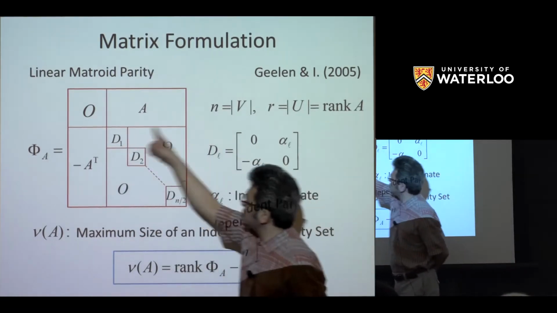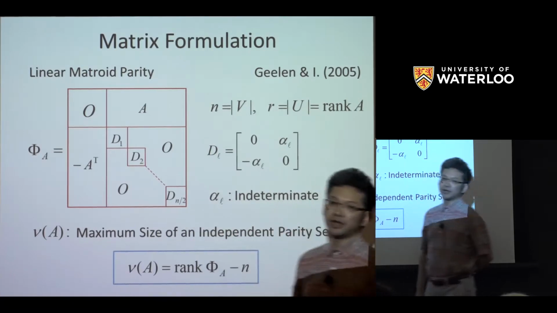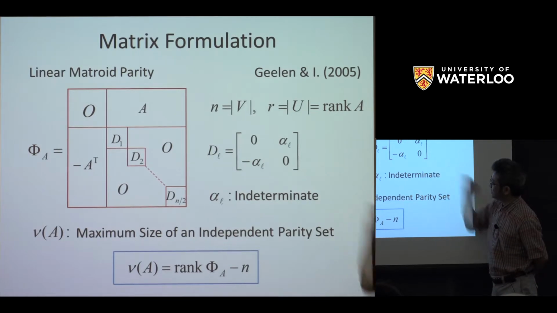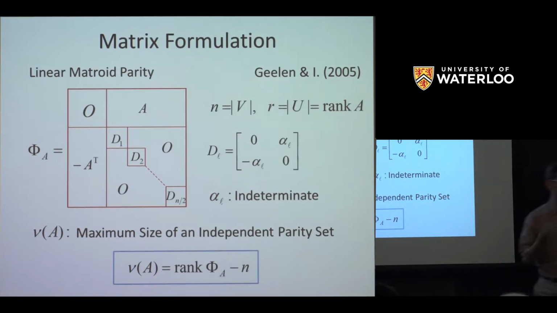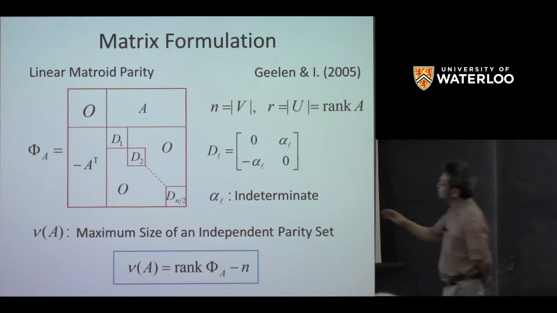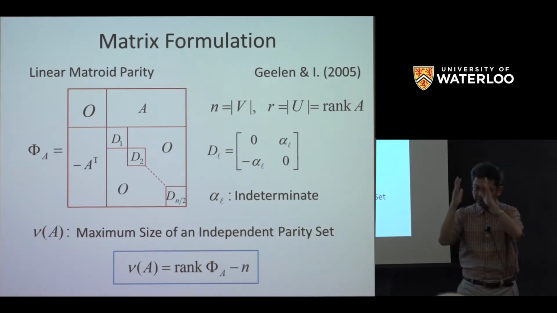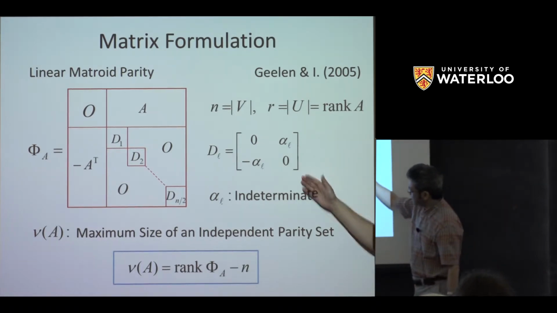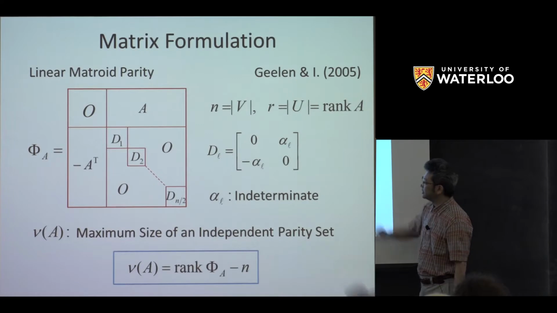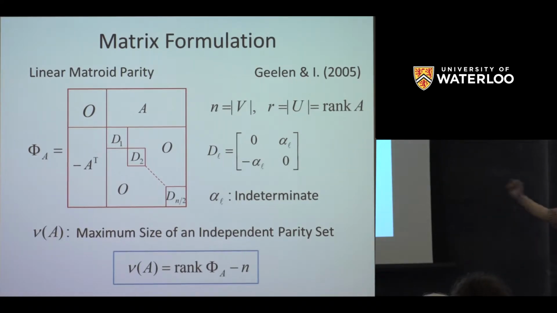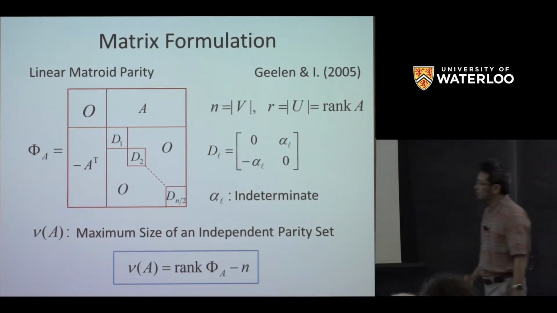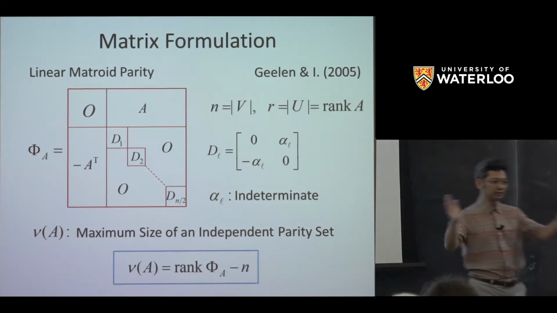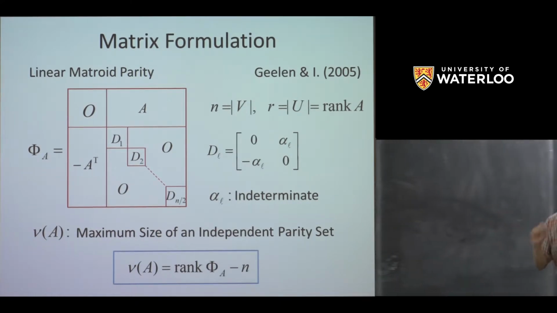We attach the block diagonal matrix with 2 by 2 skew-symmetric matrices, where the off-diagonal entries are indeterminates. Each 2 by 2 block corresponds to the partition into pairs, the lines. We have shown, and it's not so difficult to see, that the maximum size of an independent parity set in this problem is equal to the rank of this skew-symmetric matrix minus the cardinality of the ground set.